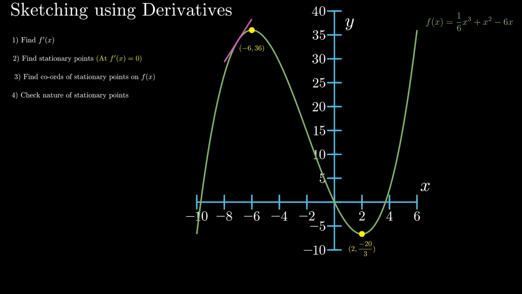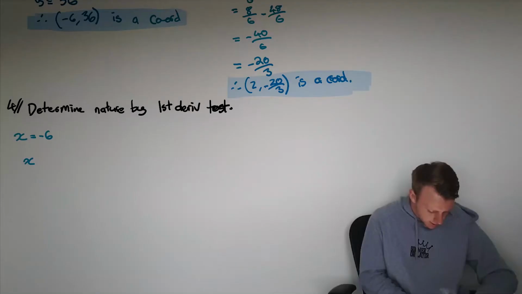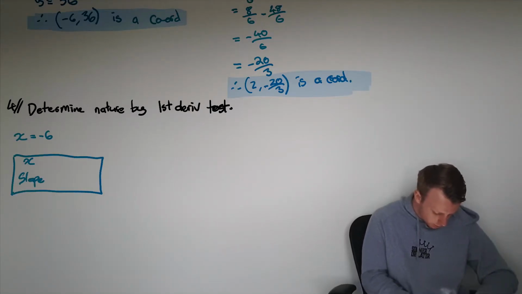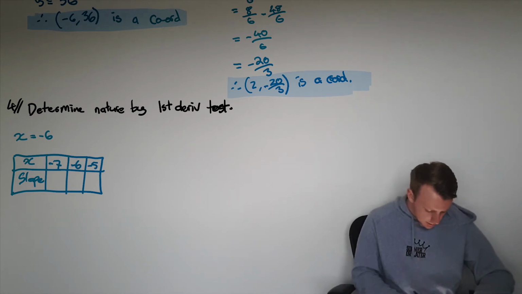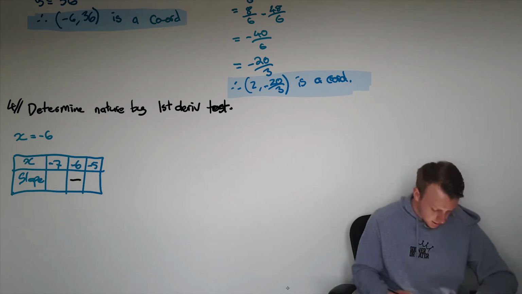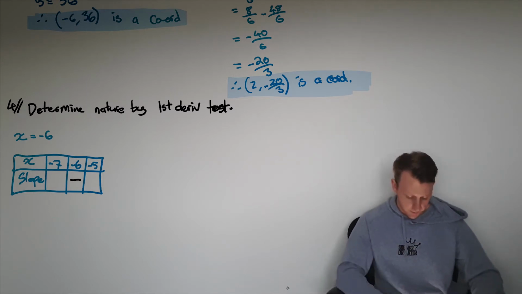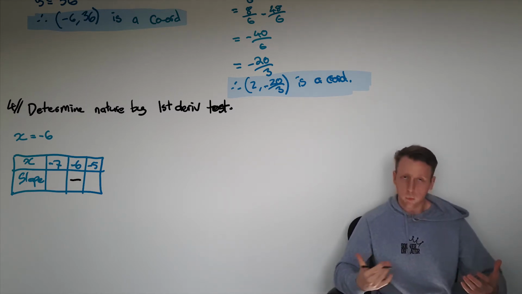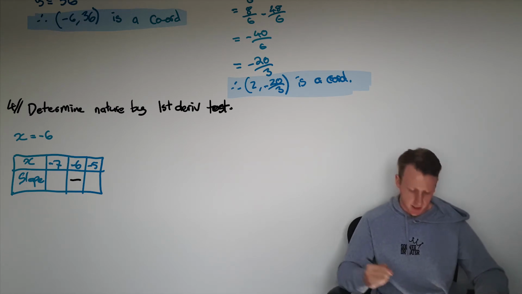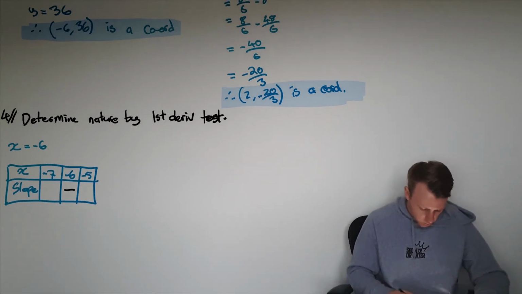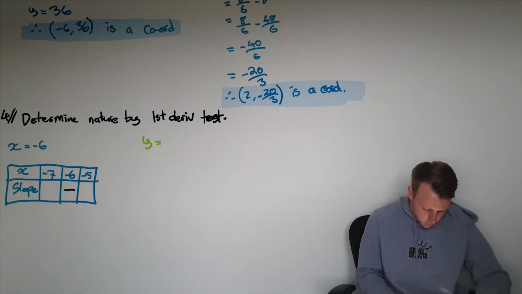The way I can do this is to write up a gradient table, where I've got my x value and my slope. I'm going to have -7, -6, -5, and I know that the slope at -6 is flat, so I'm going to indicate that with a flat line. I want to know what is happening to this function at the point x being equal to -7.